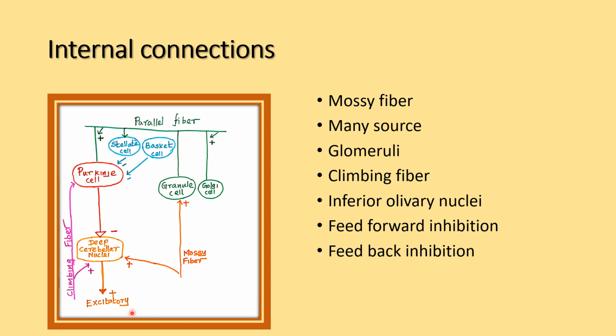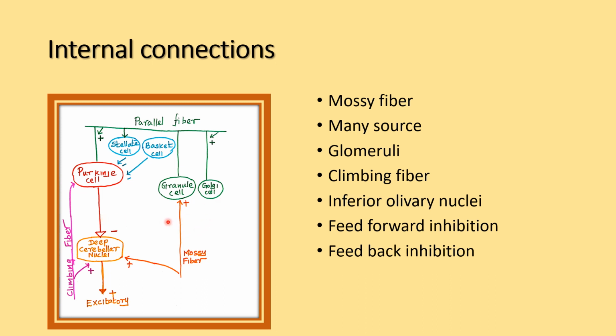During the resting condition also, the deep cerebellar nuclei are excitatory. For the adjustment of the movement, the impulse from the climbing fiber to the Purkinje cell inhibits the excitatory movement. It is important for coordination: planning, programming and execution of the movement. This is the internal connections of the cerebellum.